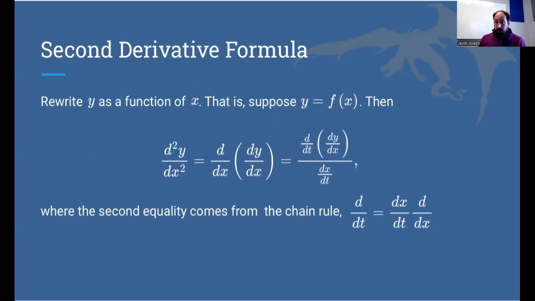Here's where it gets a little bit hairier. Taking the second derivative of y with respect to x from the parametric equations. The second derivative of y with respect to x is the derivative of the derivative.